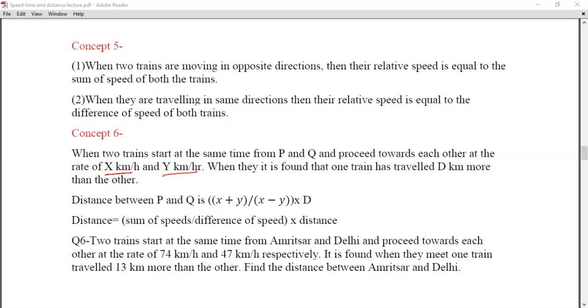So the distance traveled by the train starting from P is d kilometer more than the distance traveled by the train that started from point Q.